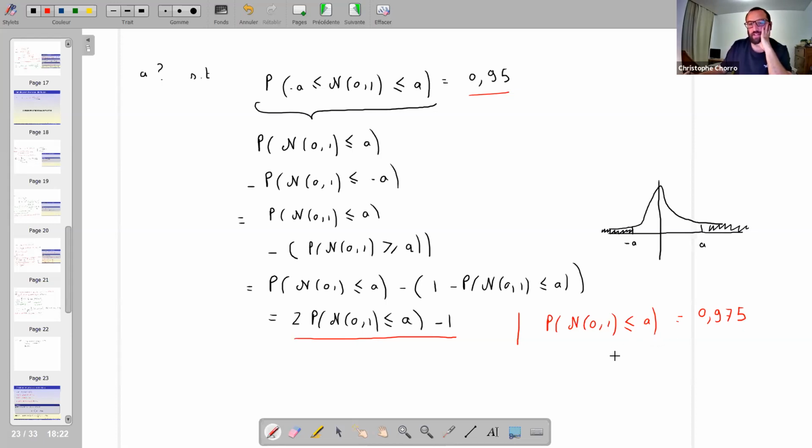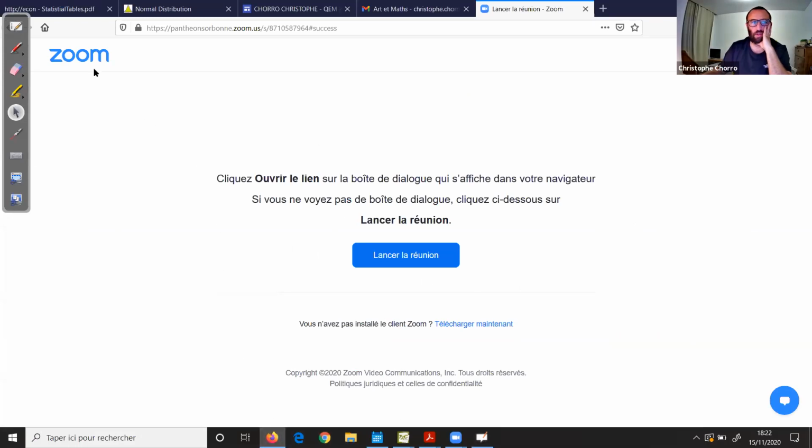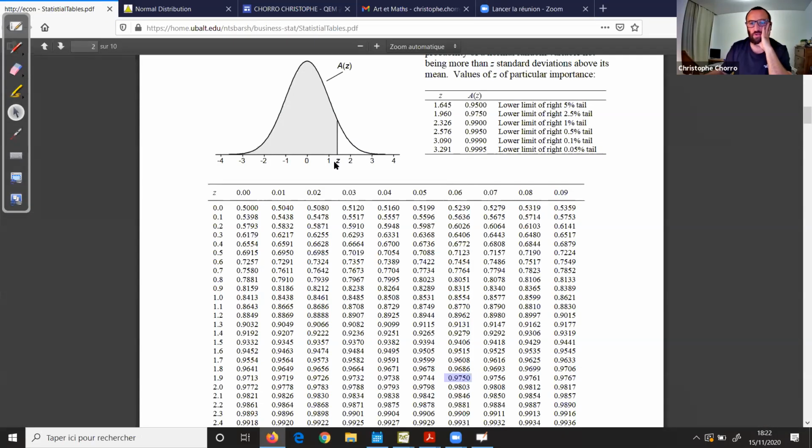Now, in order to obtain this, you know that I don't have an explicit form for the distribution function of N(0,1), but I have tables. Here you have one table with the distribution function of N(0,1) for a certain point z. I want to find the point for which I obtain 0.975.